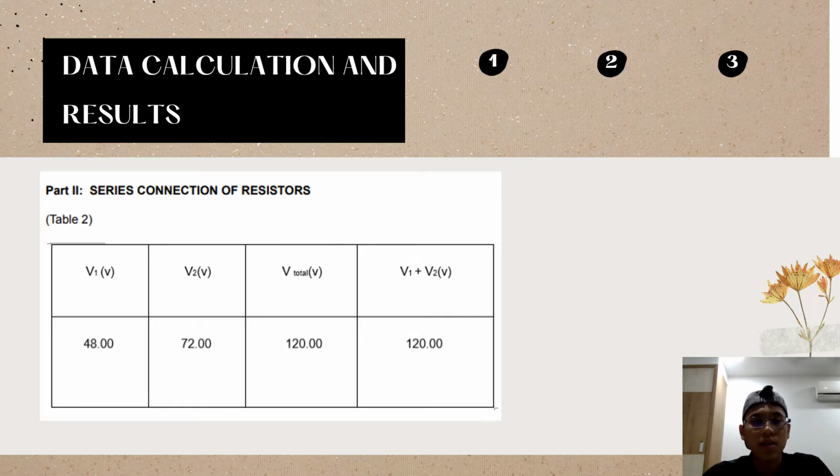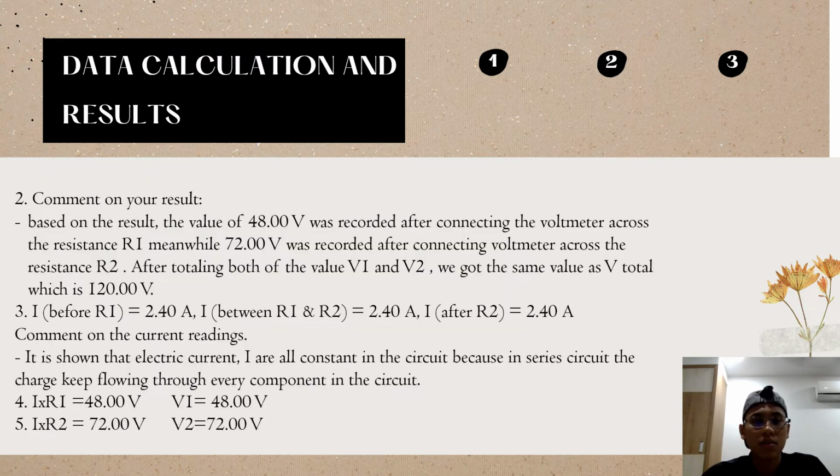For part 2, series connection of resistors. Based on the result, the value of 48 volt was recorded after connecting the voltmeter across the resistance R1. Meanwhile, 72 volt was recorded after connecting voltmeter across the resistance R2. After totaling both of the values V1 and V2, we got the same value as V total, which is 120 volt.